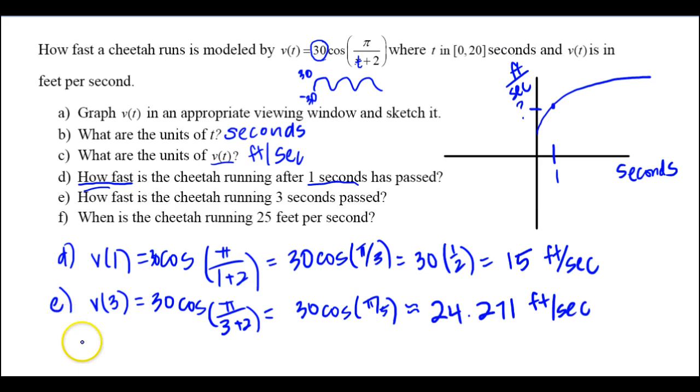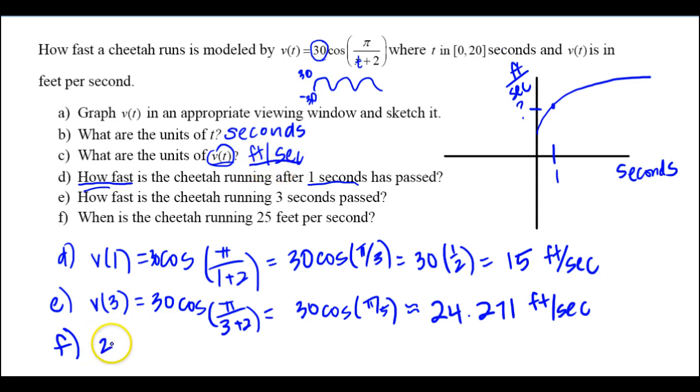Now, part F, when is the cheetah running 25 feet per second? We do not take 25 and plug it into t, right? 25 is a rate, 25 feet per second. I can't substitute a rate in for a time, but I can substitute it into v of t, which is a rate.